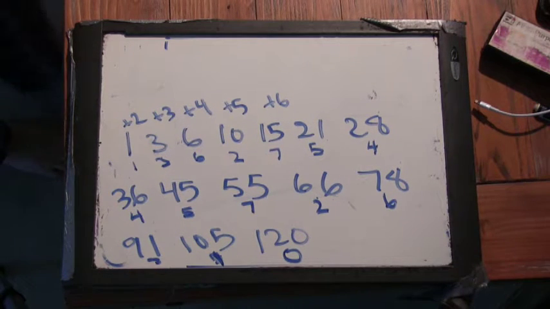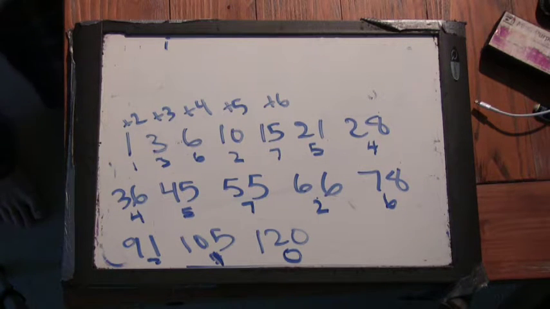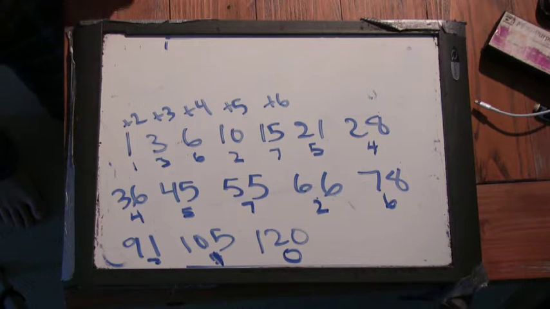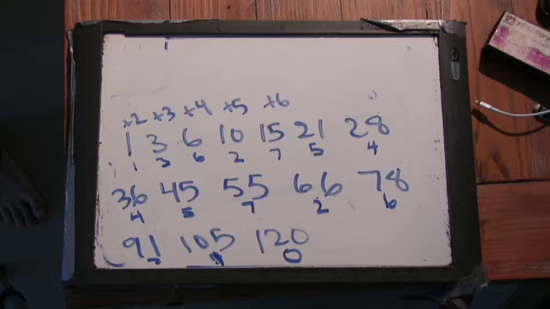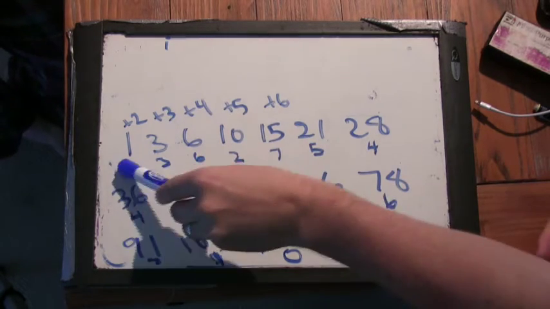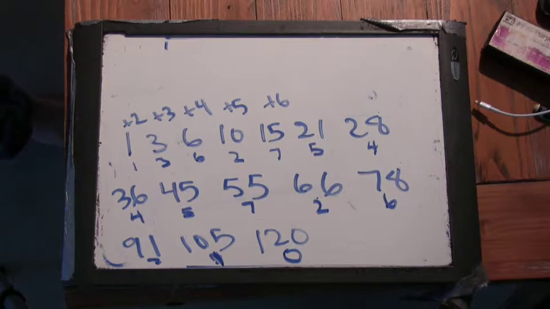120 is going to be a multiple of 8, so that's the only 0 we have, and that's one of the uncovered columns. So I was wrong. I thought we only had to look at the first 8. But we're not really repeating here.